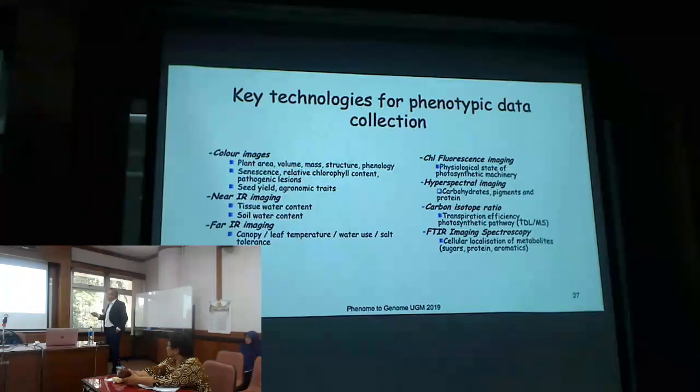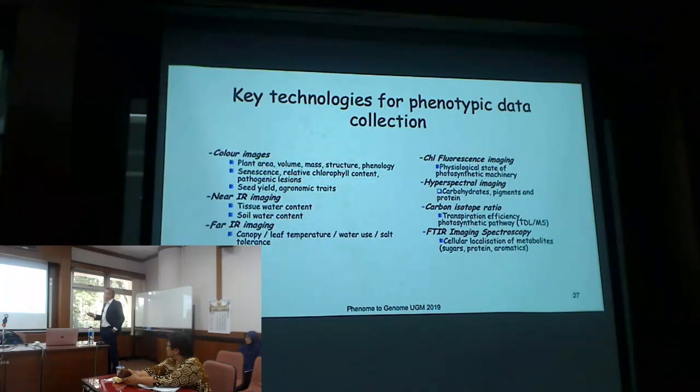And then there are more advanced tools, like looking for fluorescence in the chlorophyll, which tells you how efficient your plants are in producing carbon from the light. Or you can use hyperspectral imaging, which tells you about carbohydrates, pigments, and proteins.